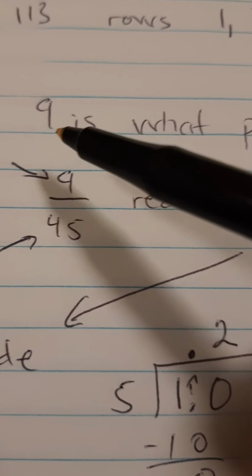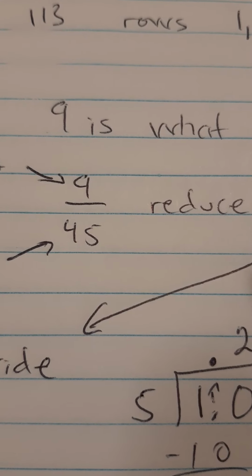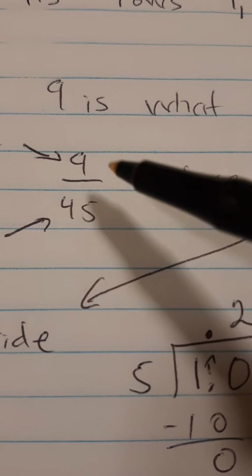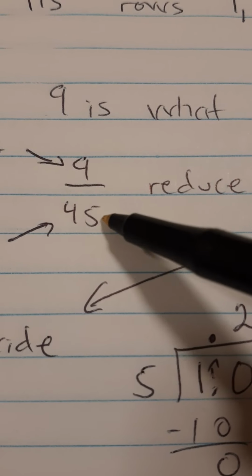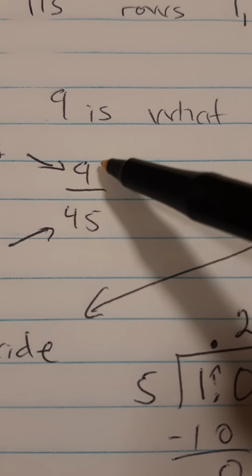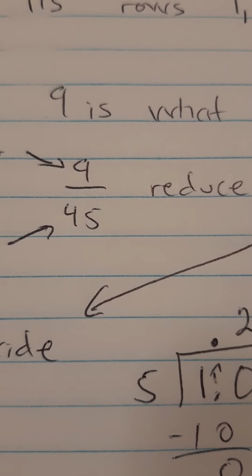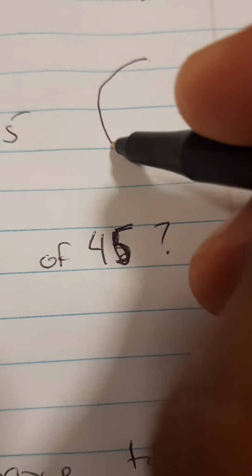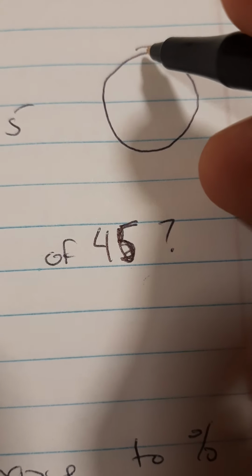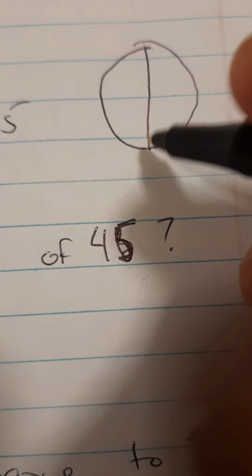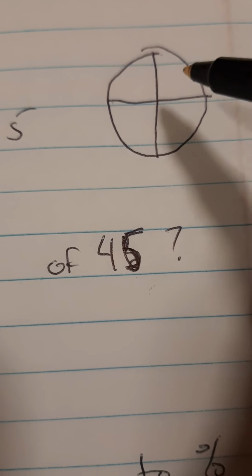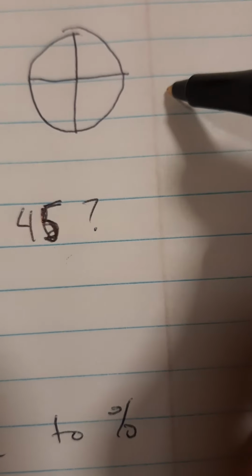Now, fractions are another way of talking about parts of a whole, right? So if you're looking at something like 9 over 45, you know that 45 is the whole and 9 is that fraction of the whole. It's kind of like when we were dealing with the pizza, or the circle, and we would break it up into pieces. To make the whole circle, there are 4 pieces.